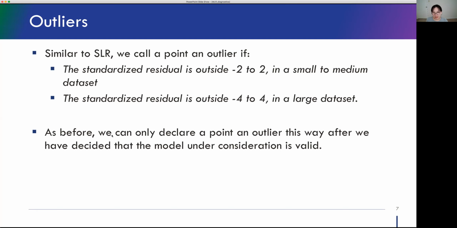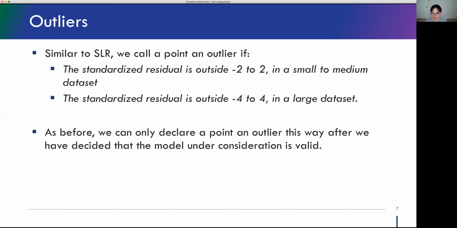I have to emphasize that we can only declare a point to be an outlier this way after we have decided that the model we're considering is a valid model. It makes sense, right?